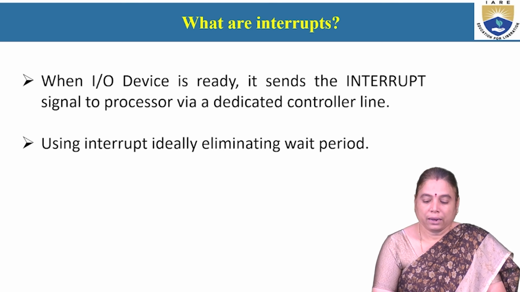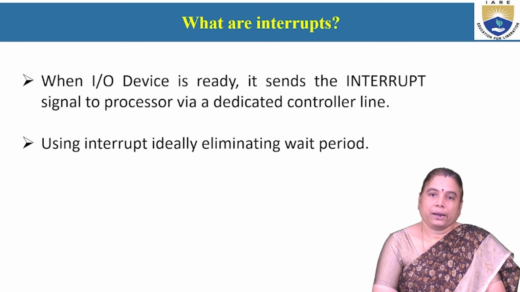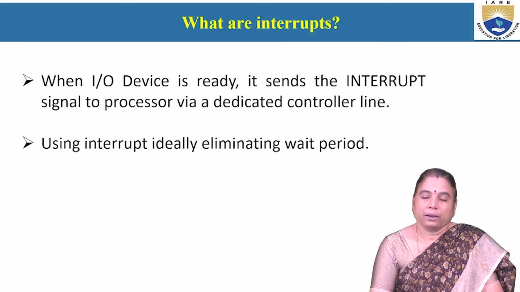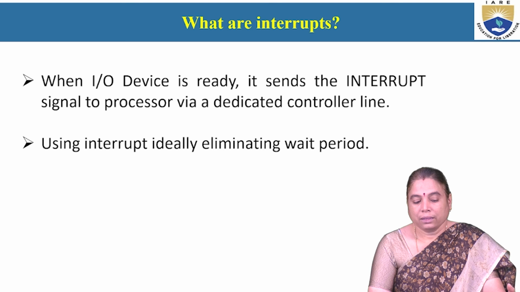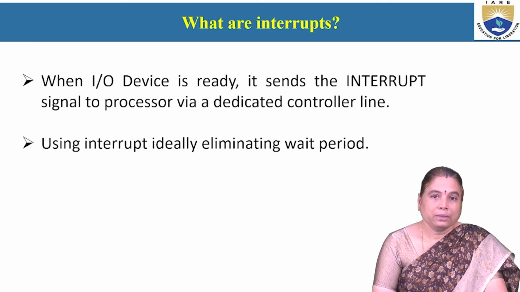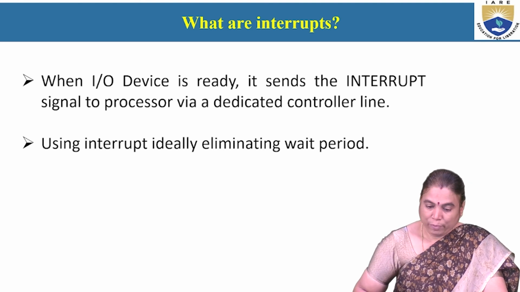Using interrupts, the waiting period of the processor is ideally eliminated, so that the processor can understand and grant the communication mechanism and data transfer to them using the IO devices. These interrupts can be identified with the EI interrupt enable and DI interrupt disable signal mnemonics.